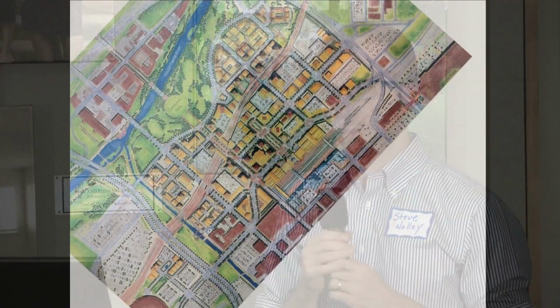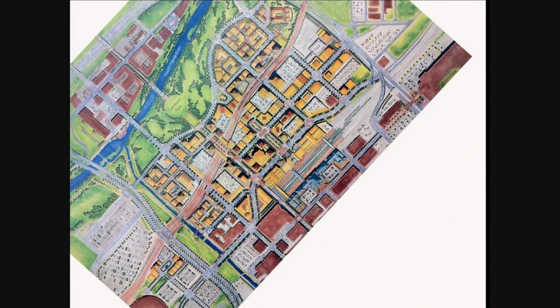We wrote a plan, actually many plans, and this is one from the early 90s that called for redevelopment. It called for Commons Park, it called for Confluence Park, it called for multiple bridges connecting 16th Street, tearing down viaducts. It called for what you're seeing in this image.